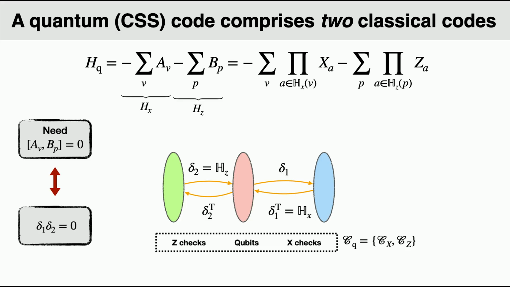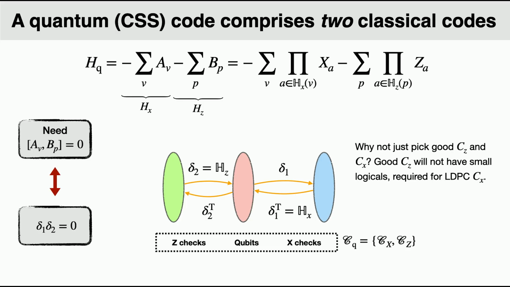And if you end up picking, let's say we pick a good CZ, and a good CX, then what's a good CZ? If I need CX to commute with CZ, then every check which is telling me where CX acts is like a code word for the CZ code, right?